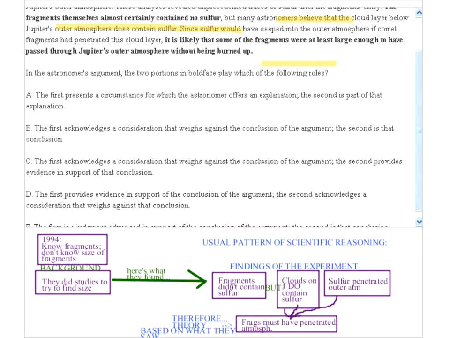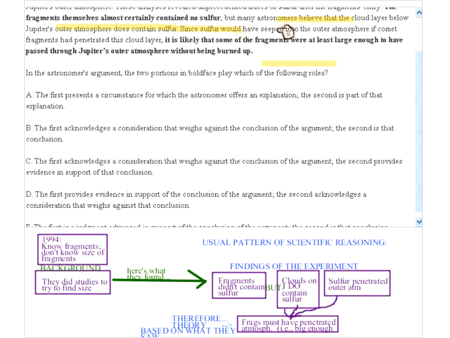Don't underestimate the importance of connecting themes. What I mean by connecting themes are themes that run through the rest of the passage here. They're talking about how they didn't know how big they were, and in hopes of finding out how big they were, here's what they did.